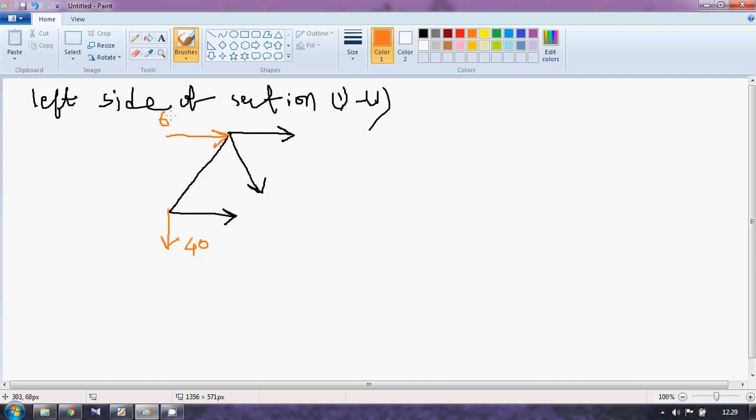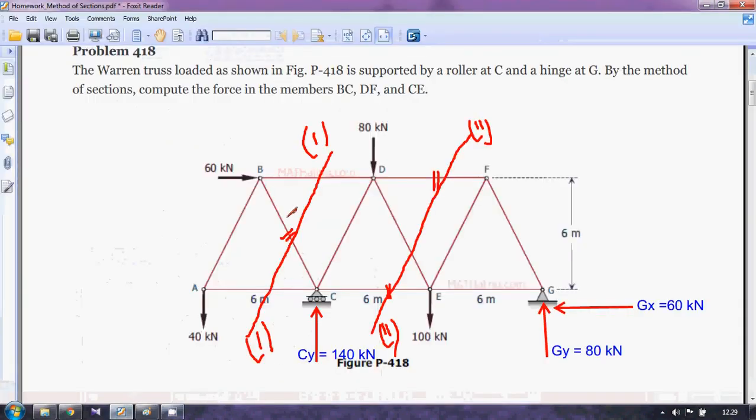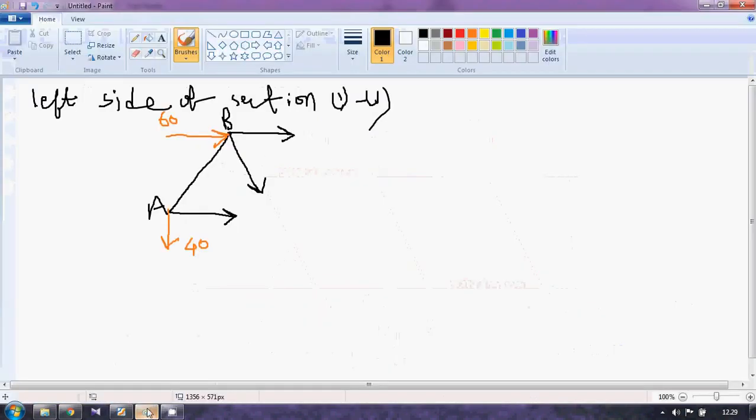So this is 60, this is point A, this is point B. Okay, correct. So I have to calculate this member force BC. I'm not concerned about this one, but if I need it in order to calculate BC, I'll calculate that. Otherwise, I will not.